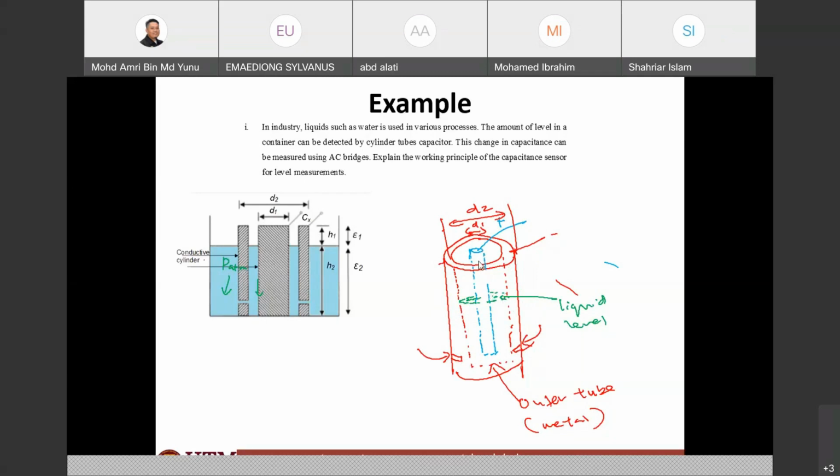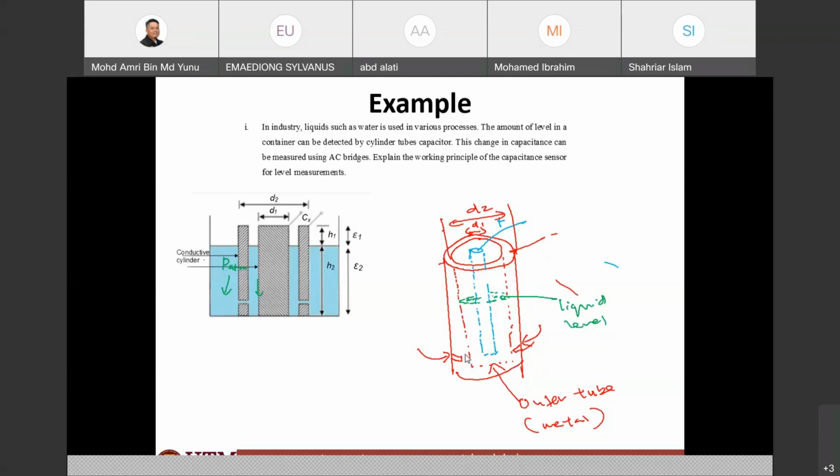And in the middle of the tube, there is another rod with the diameter D1. The middle rod is connected to the positive potential, and the outside cylindrical tube is connected to negative potential. Of course, the electrode and the tube are made of metal.